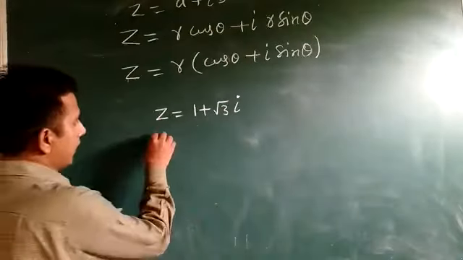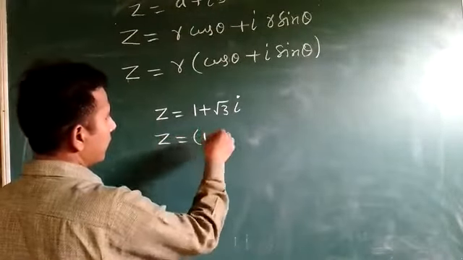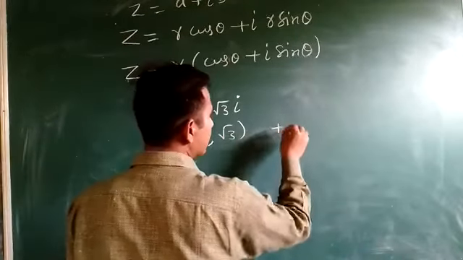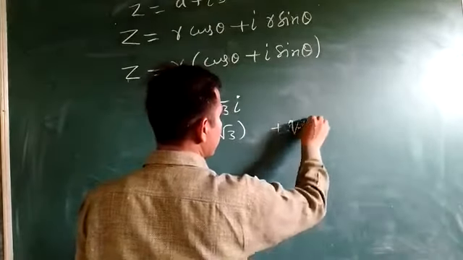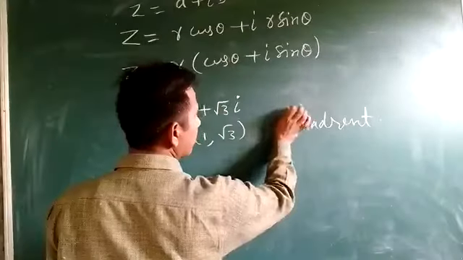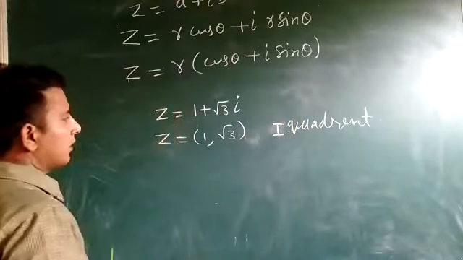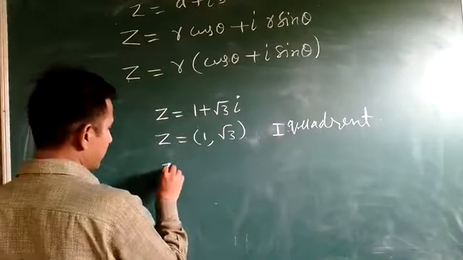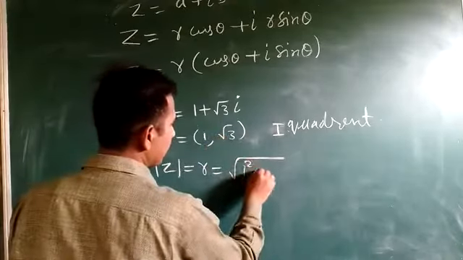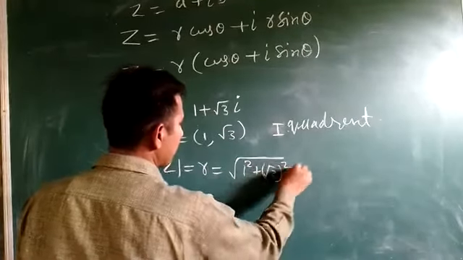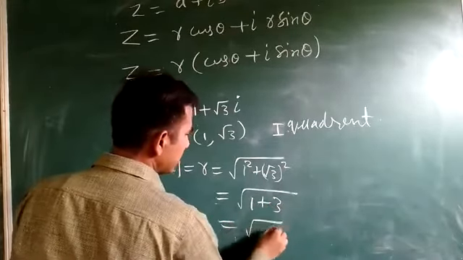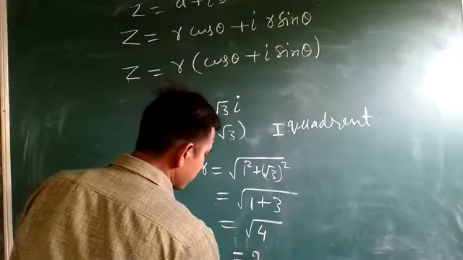Okay, here we write it in ordered pair form 1 comma root 3, which is in the first quadrant, and mod z equal to r equal to under root 1 square plus root 3 square, equals 1 plus 3, that is 4, equal to 2.